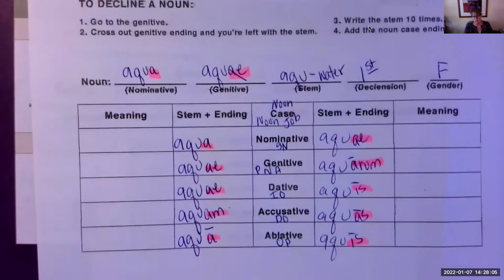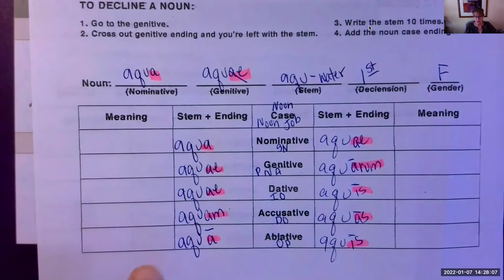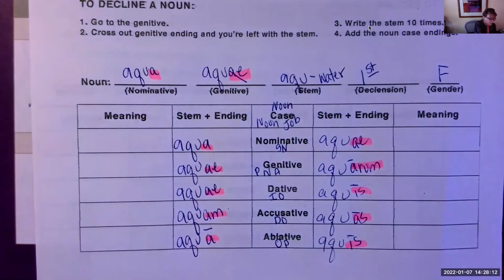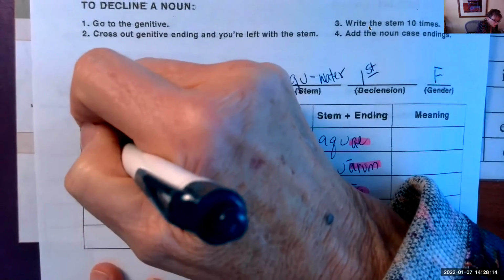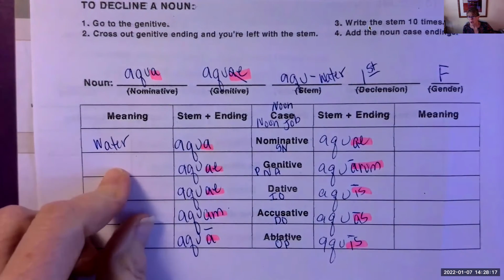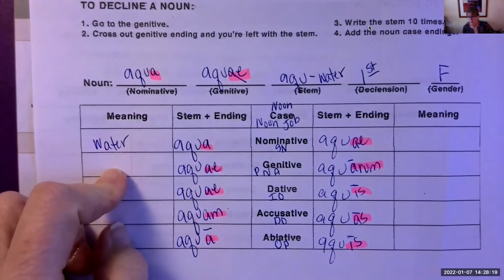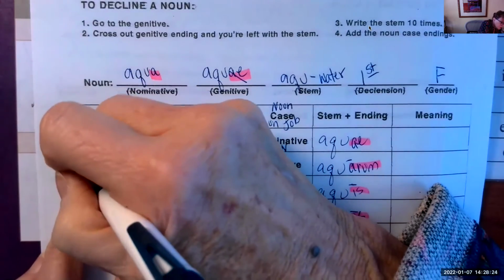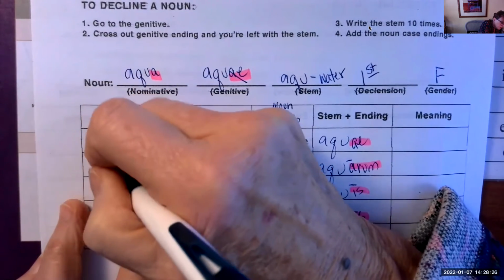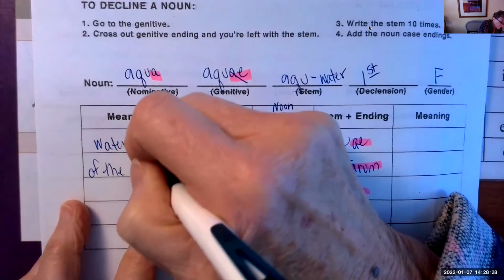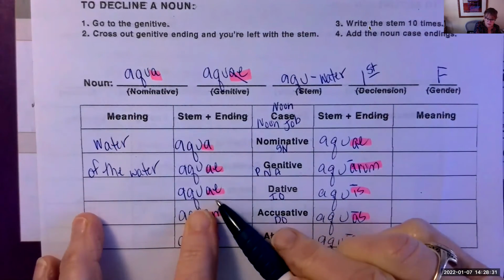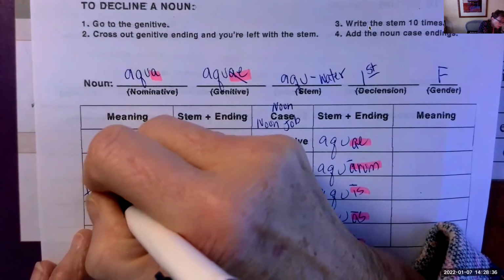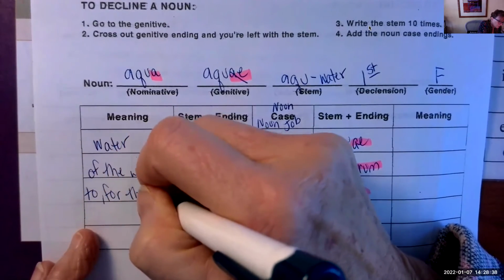Just like in the verb, we're going to write the meaning. So here you go. You ready? Aqua means water. You can either write an article adjective before if you want, or leave it out. It doesn't matter. Water. And then the genitive is translated of the water. Aquae, the dative translation, is to the water or for the water.